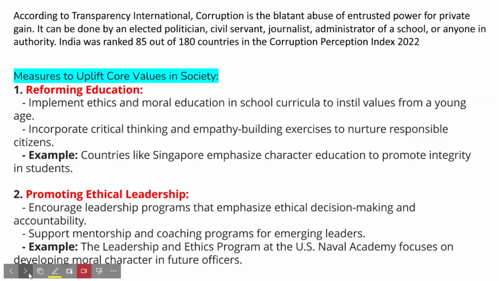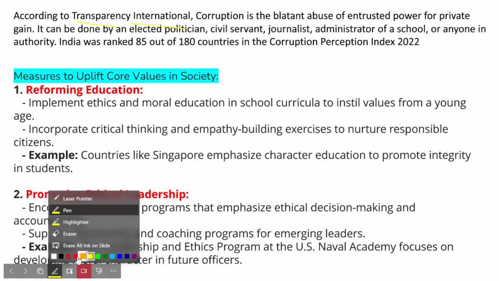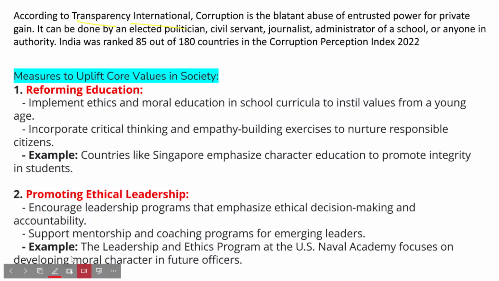And after defining corruption, you can mention the Transparency International Corruption Perception Index and India's ranking in it. Because when you write such an index, it gives a good impact. It makes the introduction more and more impactful.